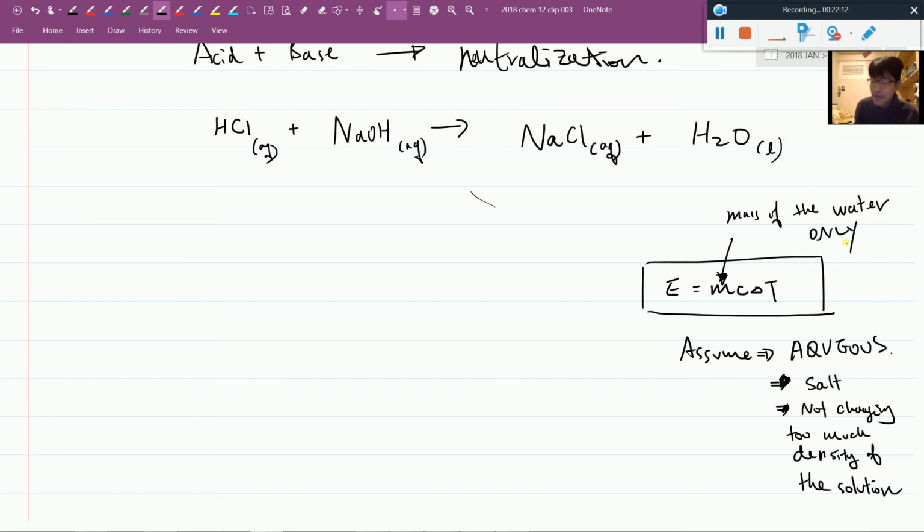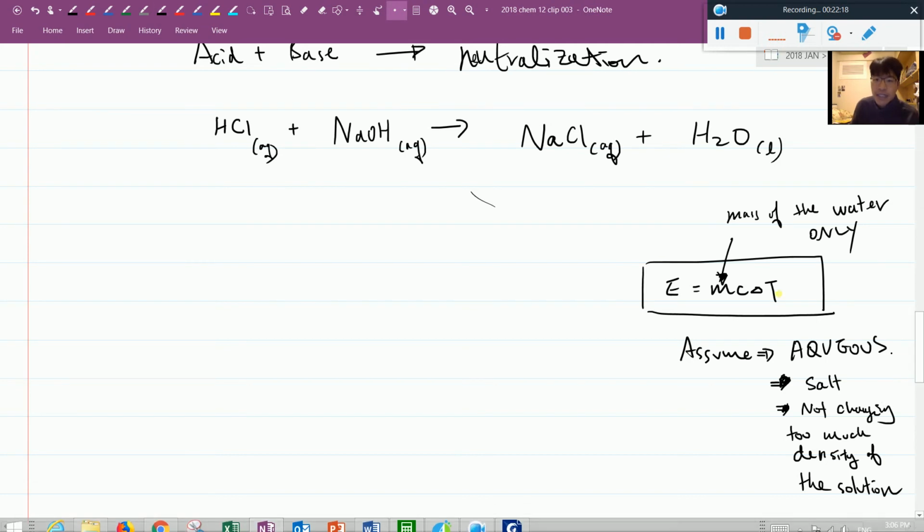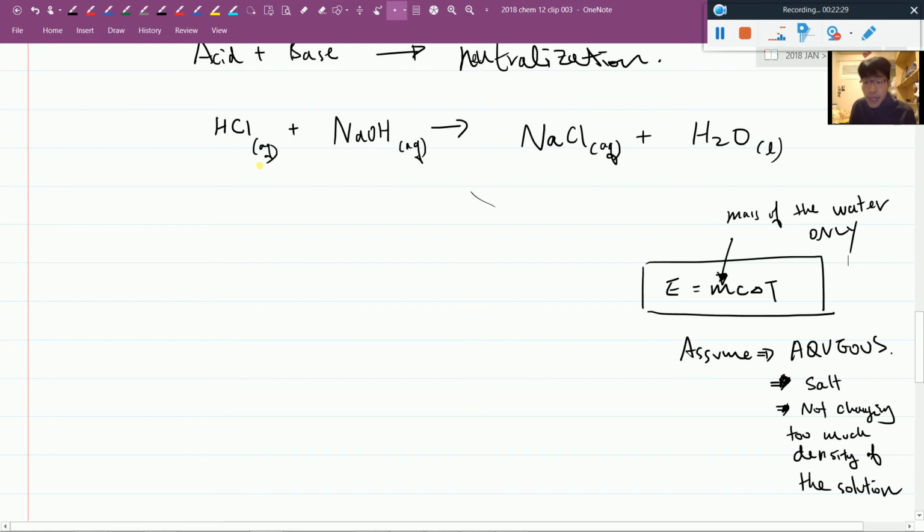So we have to make sure that the assumptions are right. The salt that you have in there doesn't change much. Let's say the hydrochloric acid, when it dissolves, doesn't really change the mass of water too much, right?